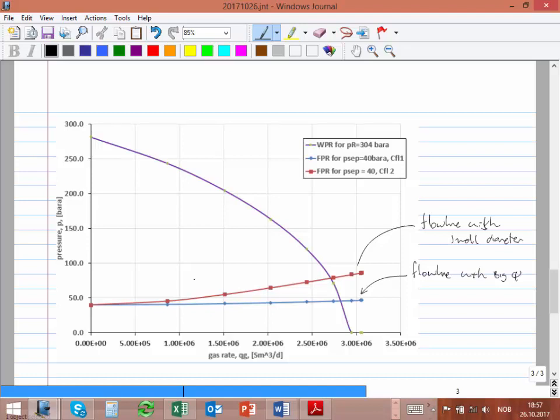Remember, for both of them I'm using the function line P1. I'm using the CFL of the flow line, either 1 or 2. I'm using the separator pressure because both of them are producing against the separator, and I'm using the same rate. The only thing that is changing is the C, which is going to give me a different rate.